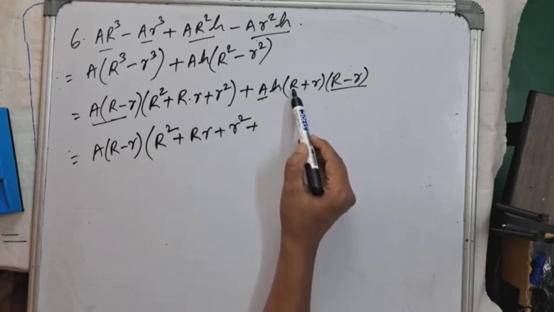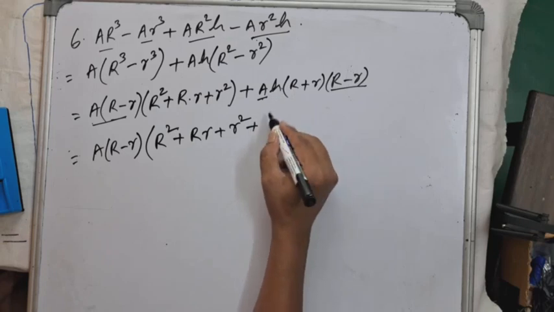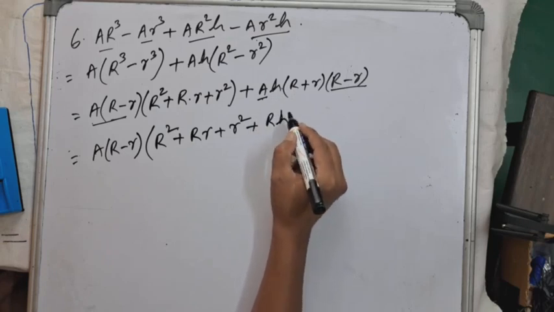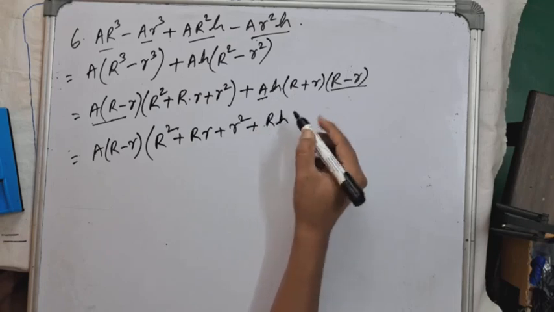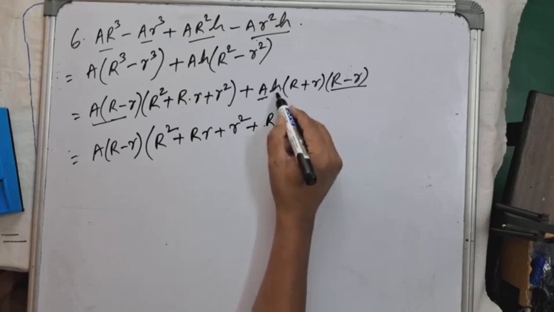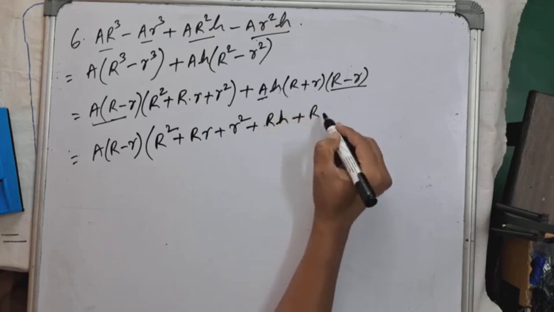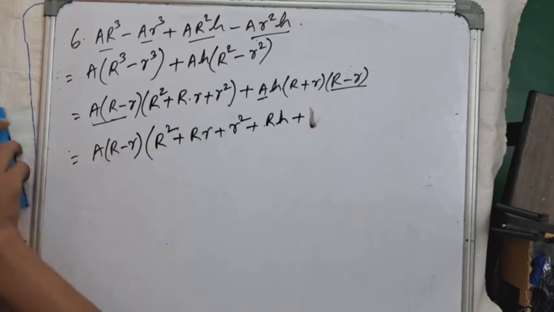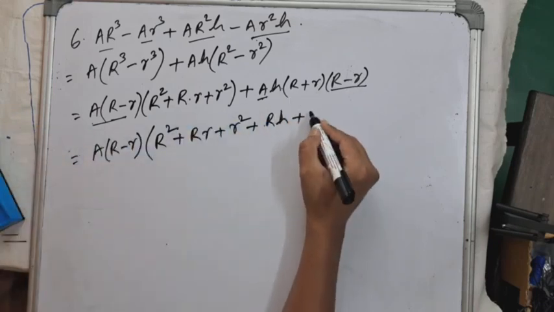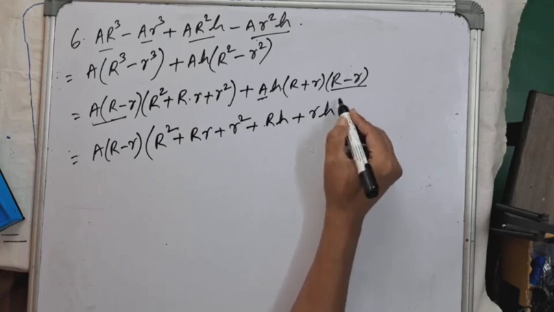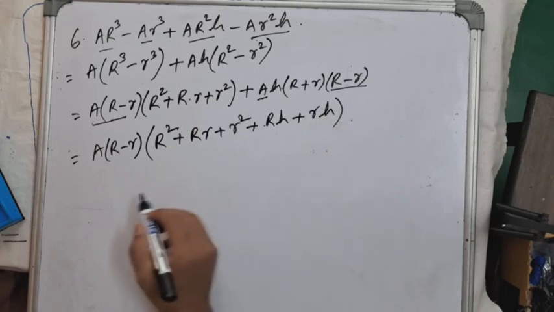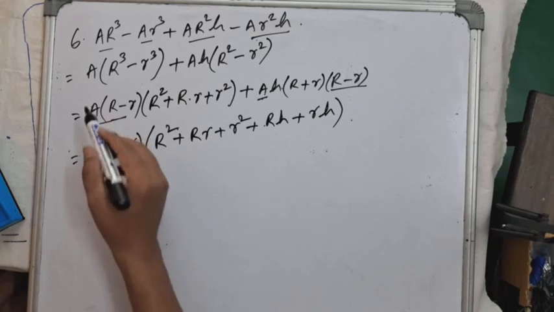So h into capital R is capital R h, or you can write it as hR. Plus h into small r is rh. So this is the solution for question number 6.